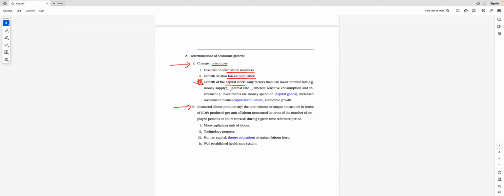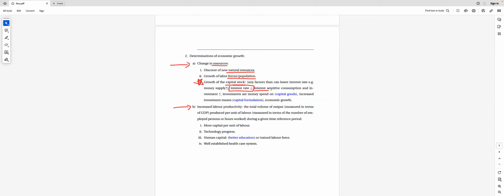So the answer here is, if we can have a low interest rate environment, economically speaking. For example, if the central bank in your country increases the money supply, if more money is being circulated in our economy and financial market, the interest rate will decrease.